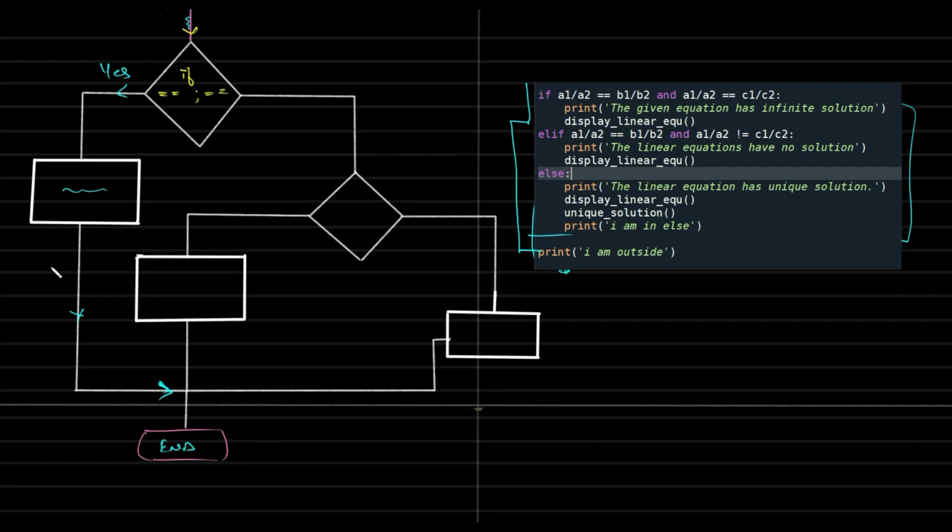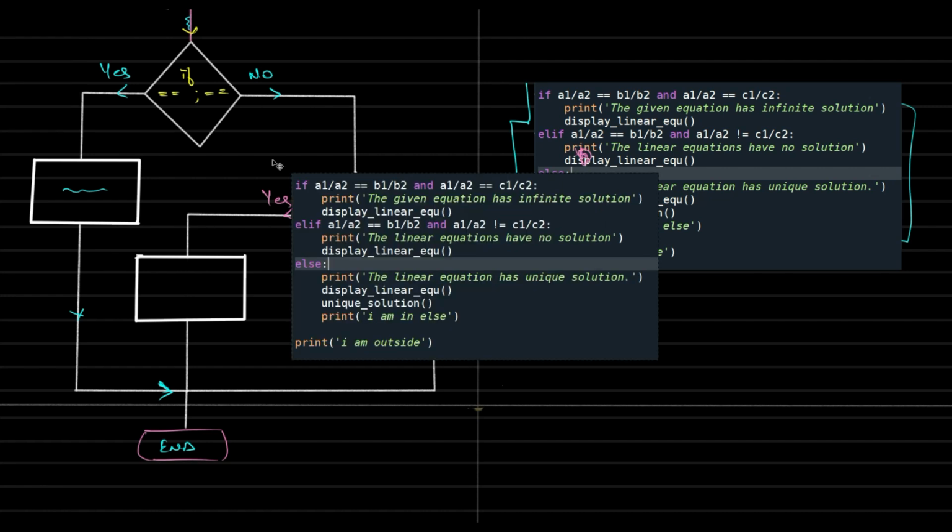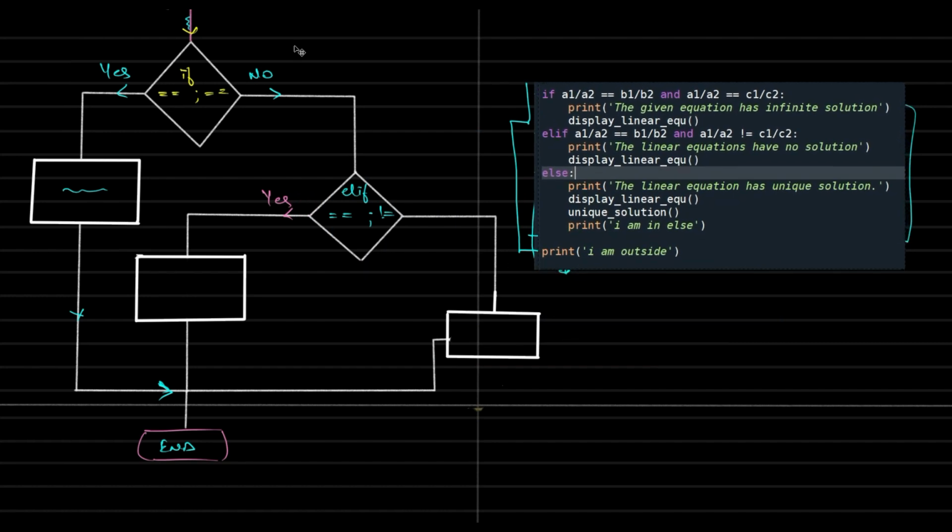Now, so this executes and it will come out. Say it's not true. Then else if is looked into, the condition of equal to and equal to not equal to is looked into. If yes, we have this to be true, then it will execute the code in between. So we're looking at a different flow.